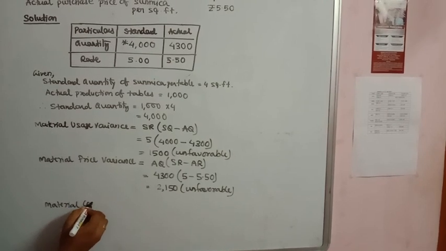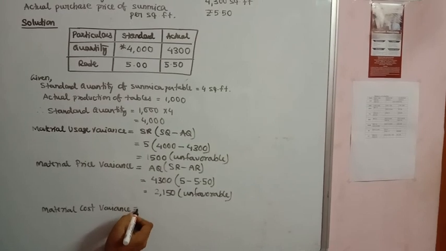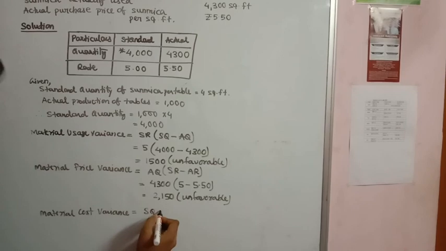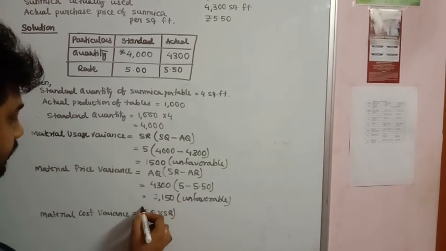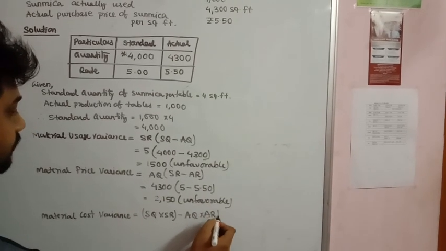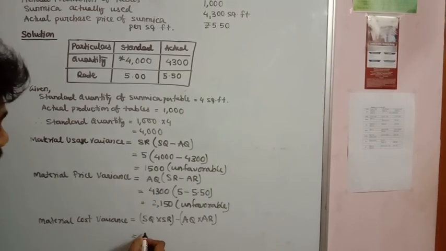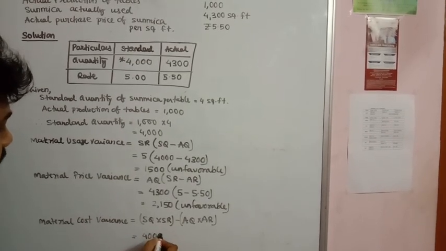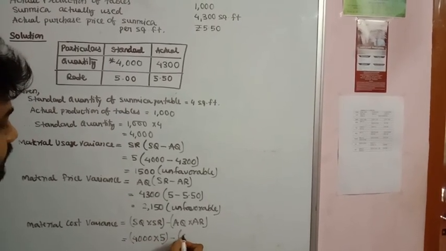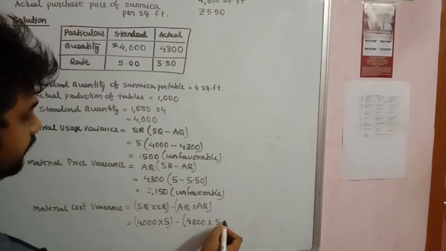So the third one is the material cost variance. The formula for calculating material cost variance is standard quantity into standard rate minus actual quantity into actual rate. So standard quantity you have in the question, standard quantity is 4000, standard rate is 5, actual quantity is 4300, actual rate is 5.50.